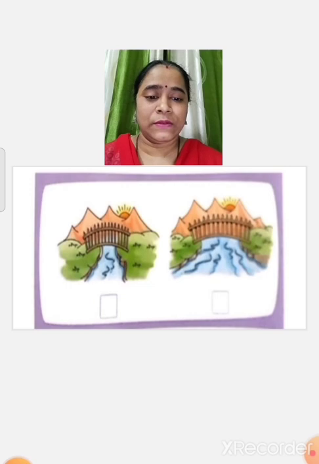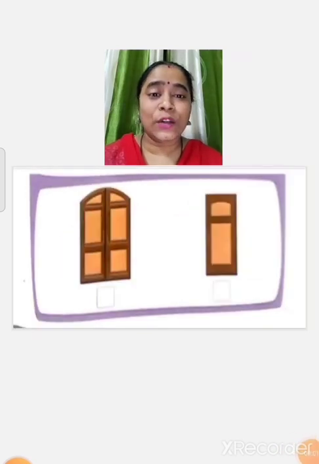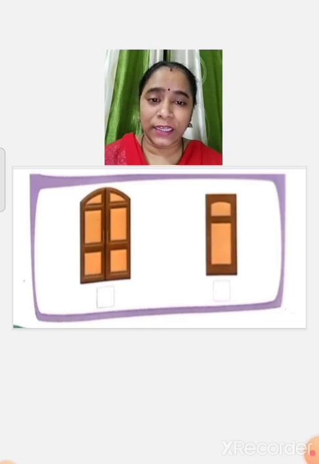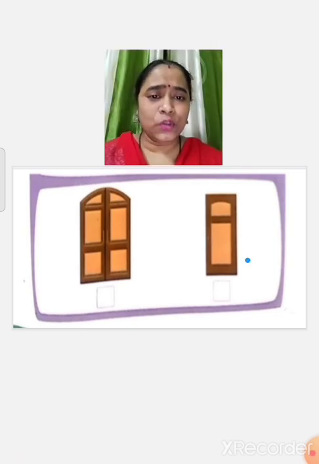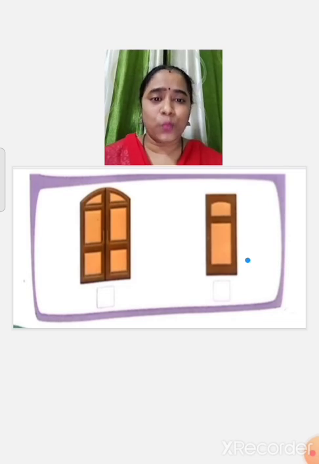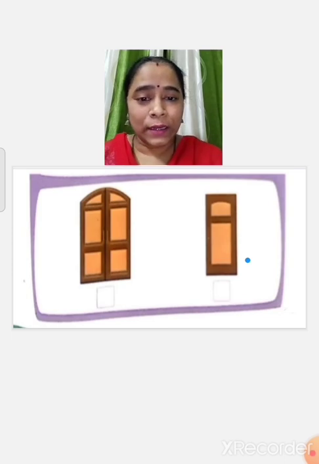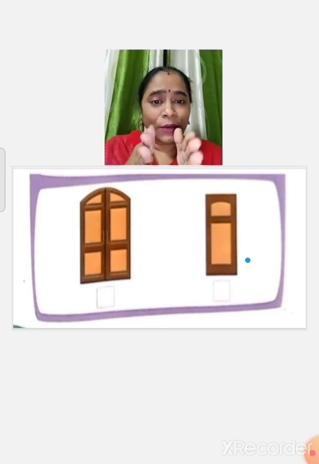Now, what are these? Doors. Okay. So here we are going to take wide door. Okay. So children, now tell me, this door is wide. No. This door is narrow.